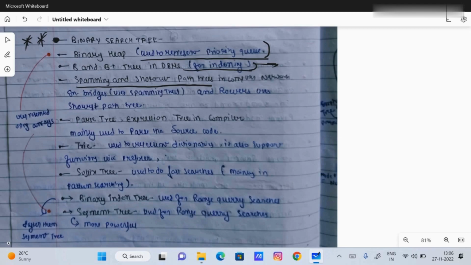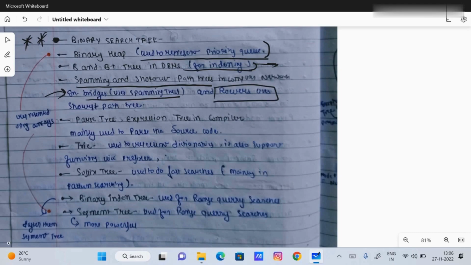Thereafter, the spanning and shortest path trees. The example of this in computer network is bridges using spanning trees. Bridges are not like real world bridges, but there are various structures that are used to represent this tree data structure, and one of them is the bridge here. So we will discuss this also later. And routers. I have told you about the routers.